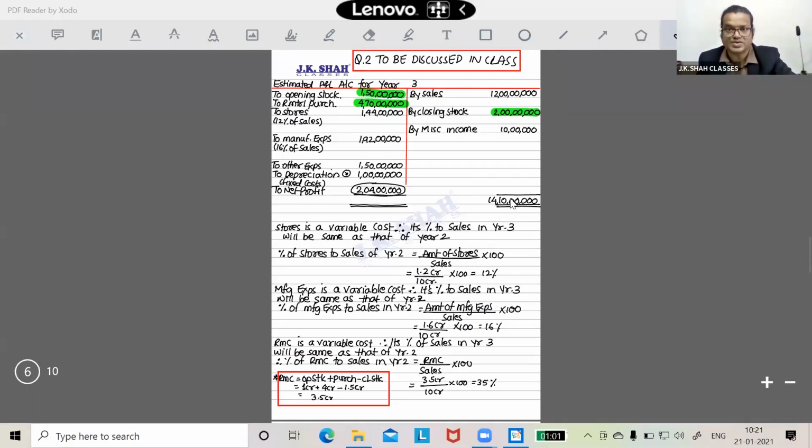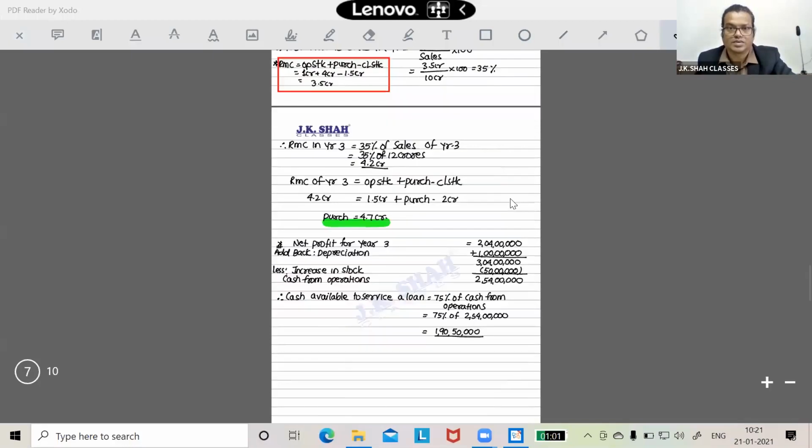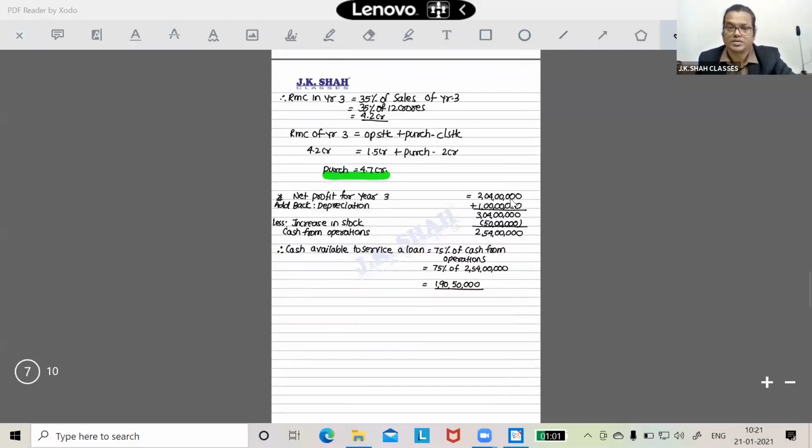I'll put the next page also. Done? Done now, people? Yeah. Okay.